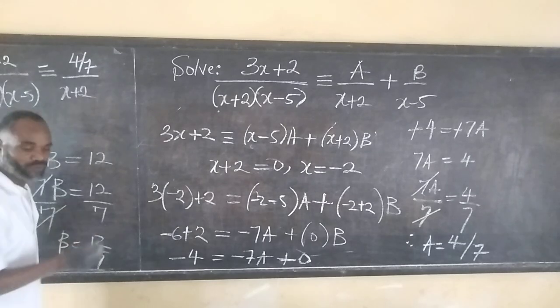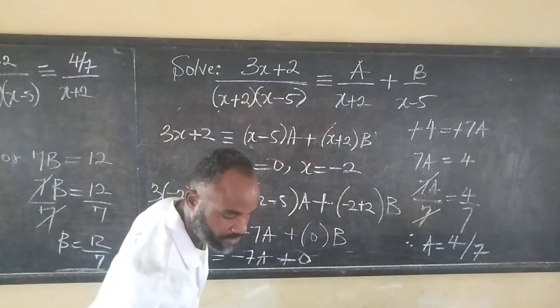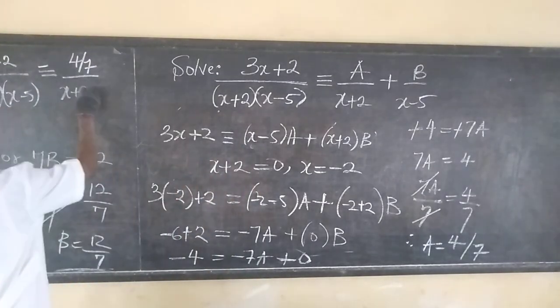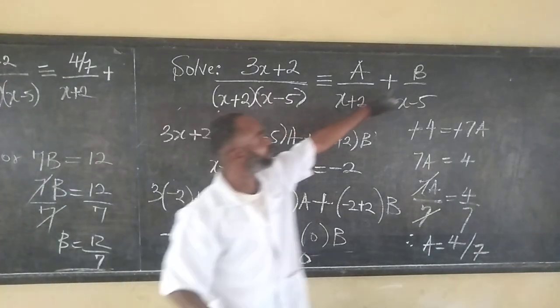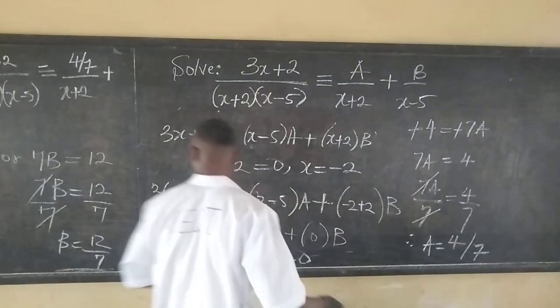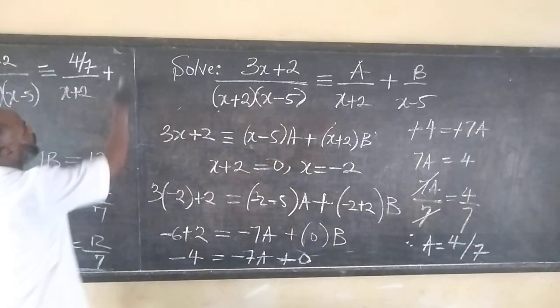That's what it means. We're making progress. Plus the value of B, which is 12 over 7.